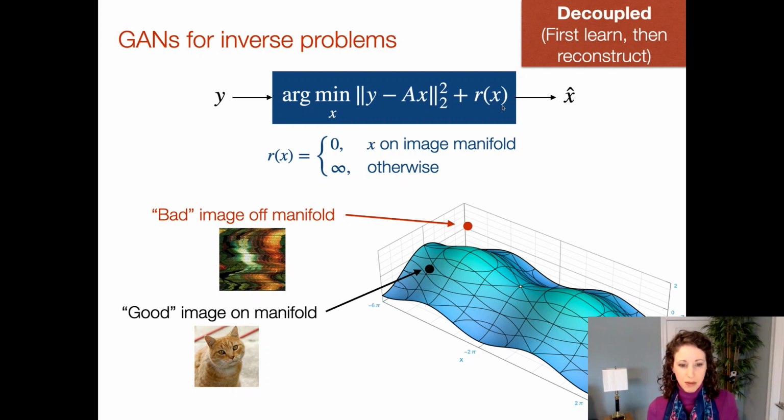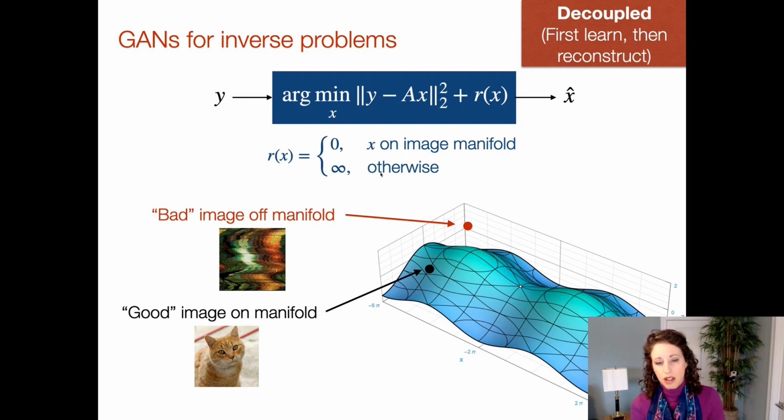They might have many, many pixels, but there's only a subset of images that are, say, 256 by 256 that really exhibit the kinds of structures that we're interested in. If we knew what that manifold was, then we could use it to design a regularizer. Perhaps most naively, we could just say that the value of our regularization function is 0 if the image lies on the manifold and infinity otherwise.